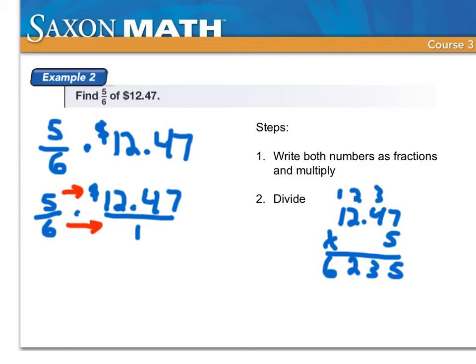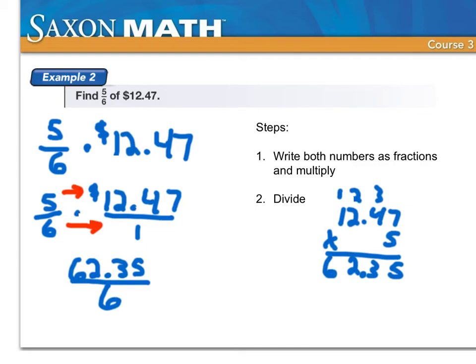I've got 2 decimal places up here, so I need 2 decimal places in my answer, so it's 62.35, that's my top number. My bottom number is 6 times 1, that is 6. So there's step 1, is to write both numbers as fractions. So we put 5/6 times 12.47 over 1, and we multiply it across.